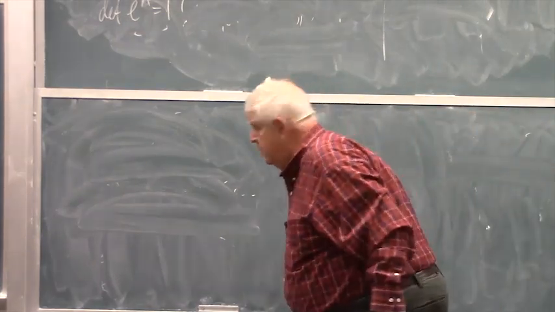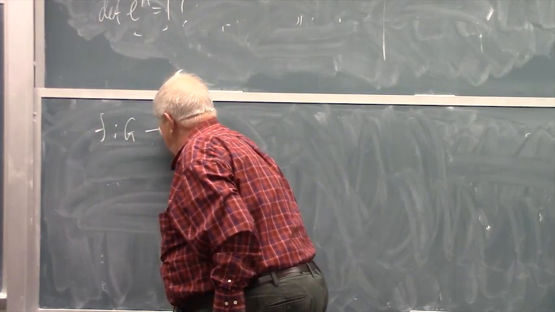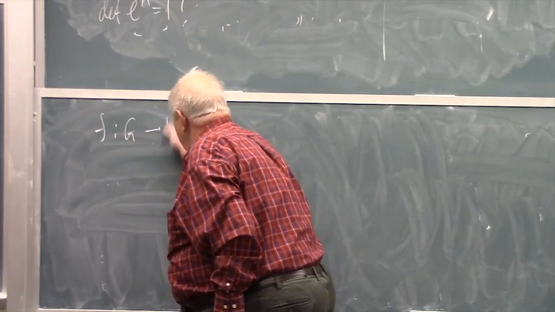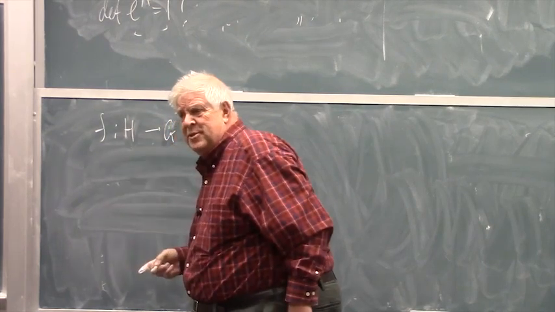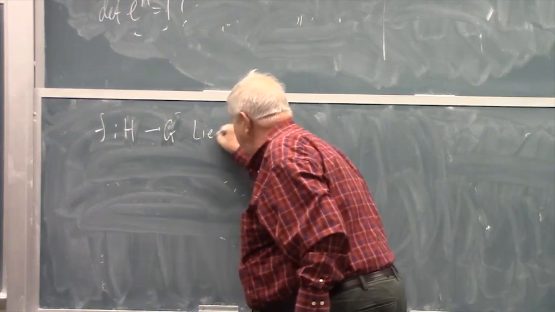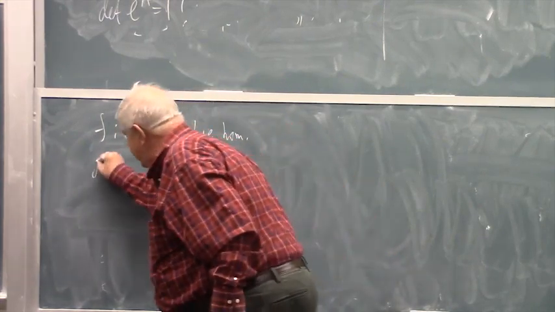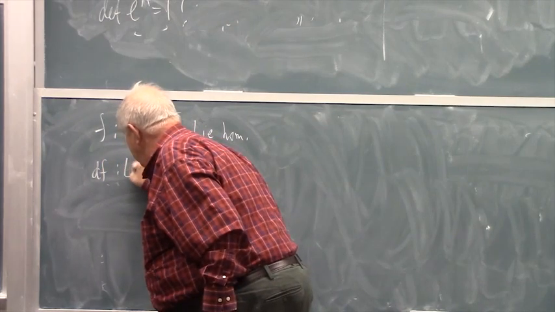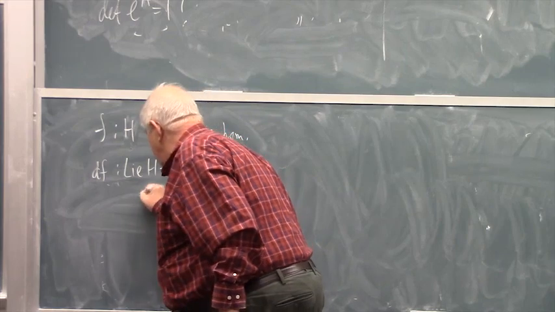Something which we already know: if F, maybe better to write H into G, because at some moment H will be a subgroup of G, which is more natural, is a Lie homomorphism, then certainly there arises its differential df between the Lie algebras.